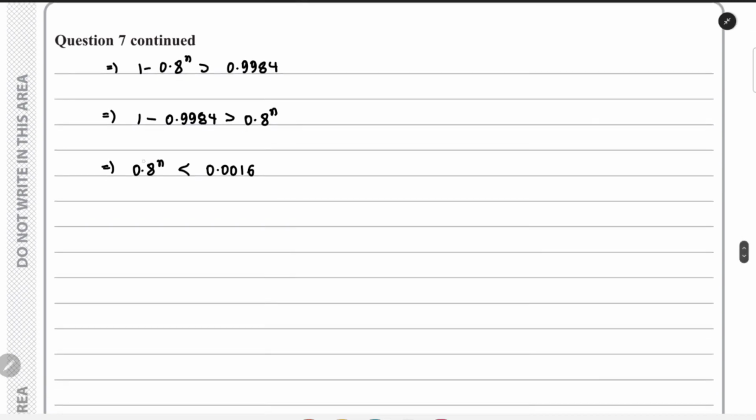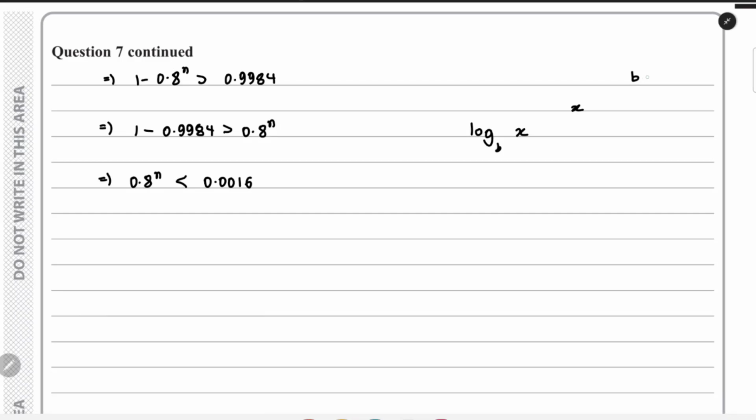Now you need to be careful when we take log on both sides. If we have a value less than 1 over here, the sign will flip, because for log base b of x, b cannot be 1, b has to be greater than 0 as well, and if x is less than 1 and more than 0, this value over here is negative.